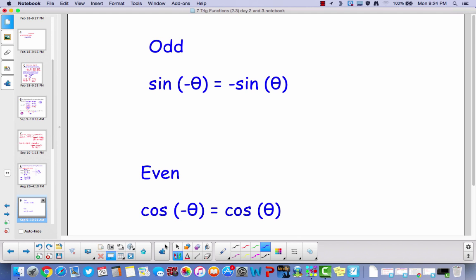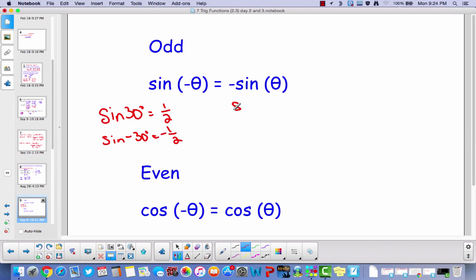Okay? Did you come up with this? That sine is odd. The sine of negative theta is equal to the negative sine of theta. Let's use our example of 30 degrees. Sine of 30 degrees was 1/2. Sine of negative 30 degrees was negative 1/2.